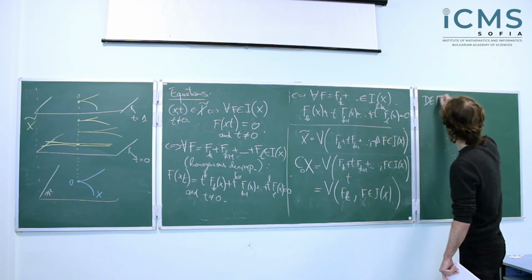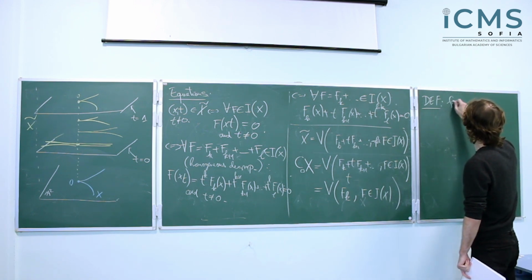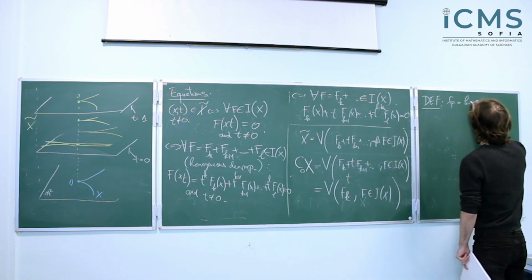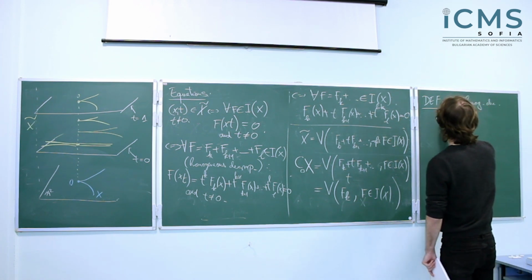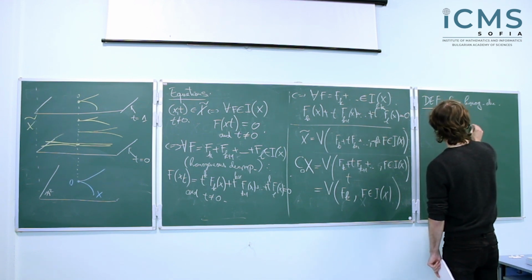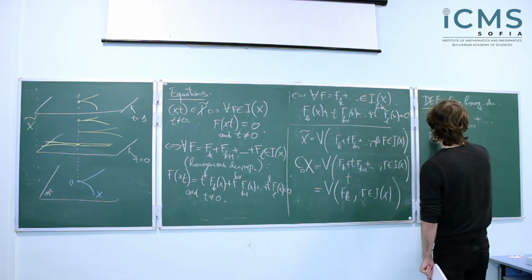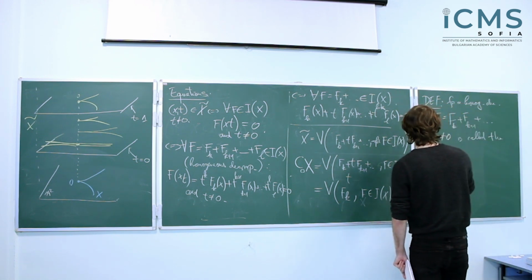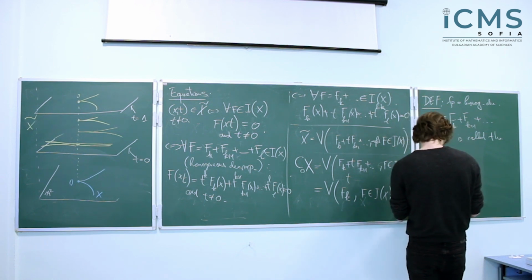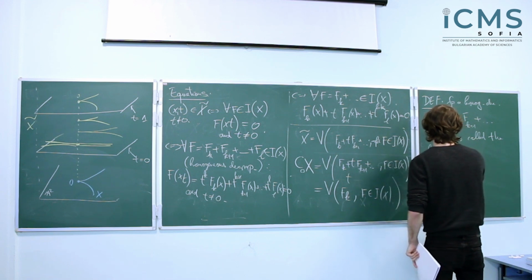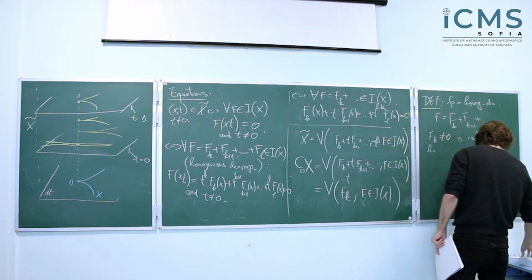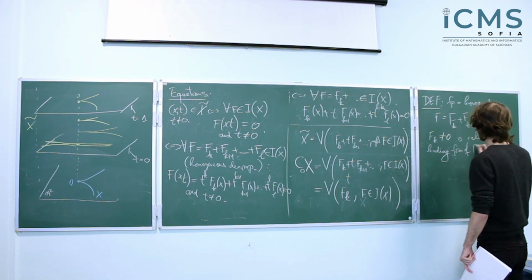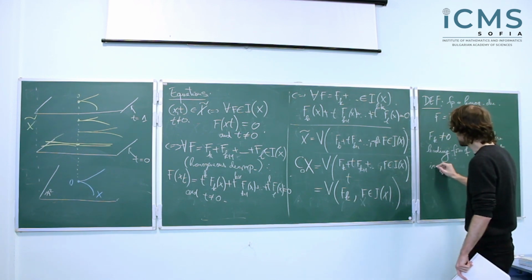So let's give the name, for the homogeneous decomposition, where f_k is non-zero, it is called the leading form of f or its initial term.